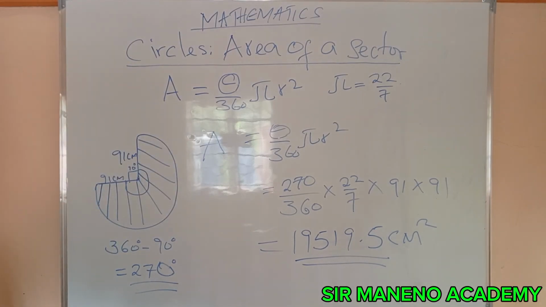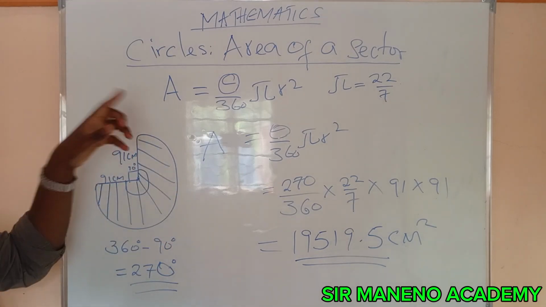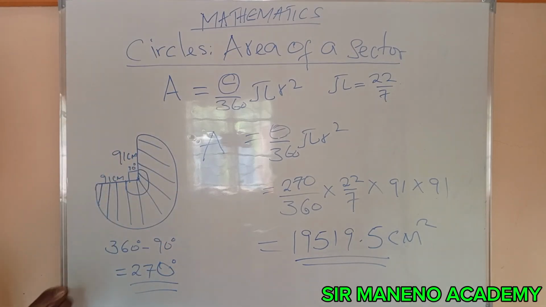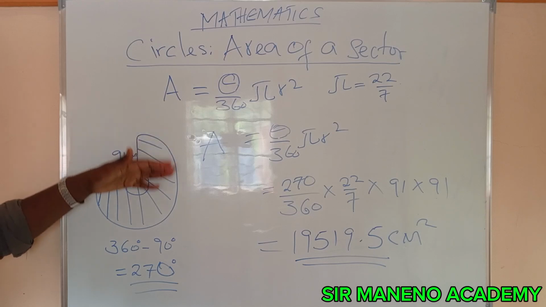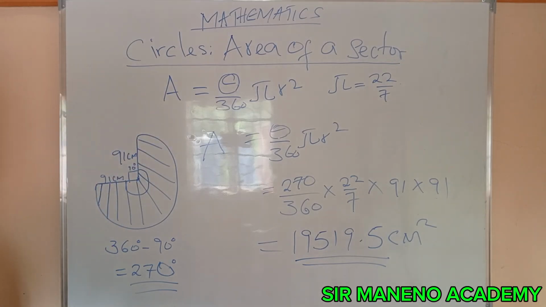And it's my hope that you've understood how we calculate the perimeter of a sector and area of a sector. I said when it comes to perimeter of a sector, we use theta out of 360, 2 pi r plus 2r.